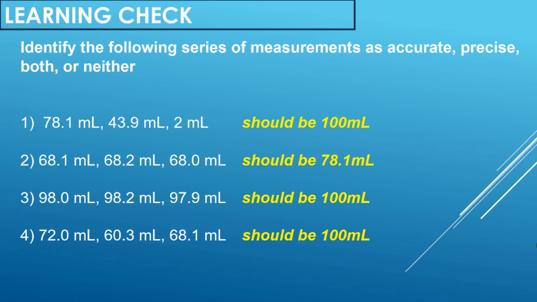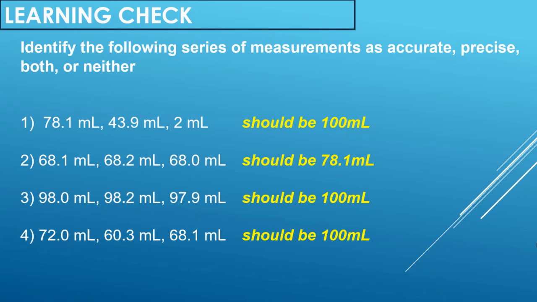In our second example, we have 68.1, 68.2, and 68.0. The accepted value is 78.1. So is this data accurate, precise, both, or neither? In our third example, 98.0, 98.2, and 97.9, when we should have gotten 100.